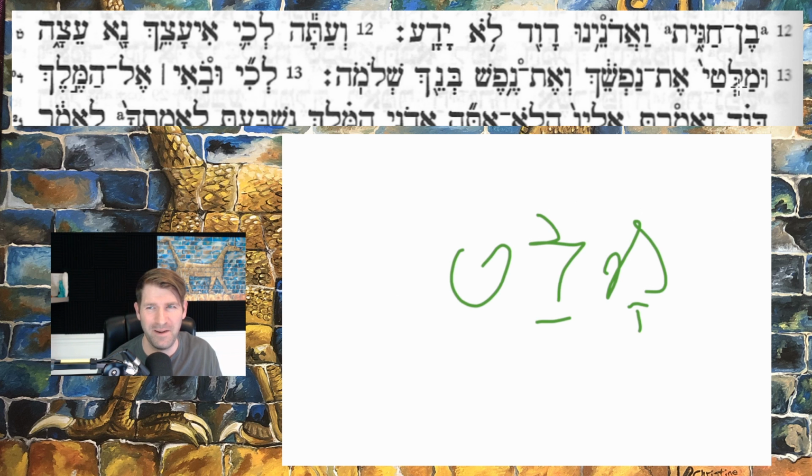Umalati, so this is an imperative. This is that indirect volitive form. So you have an imperative here, a cohortative form here, and then a vav and another imperative. When you have two imperatives like this, with the vav separating them, you get this indirect volitive form. And essentially what you need to focus in on is this vav becomes like a so that, or in order that.